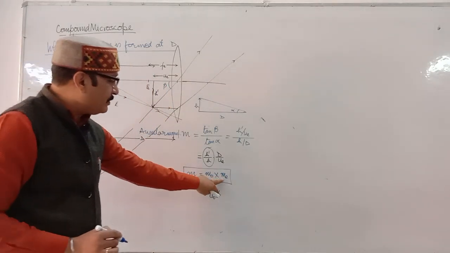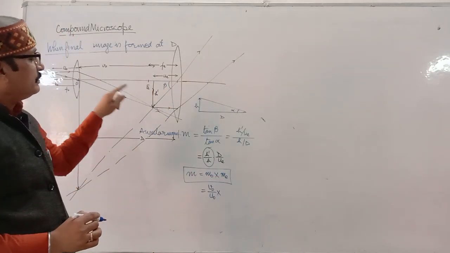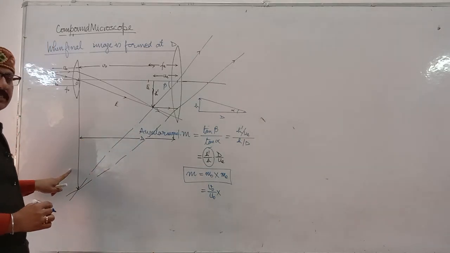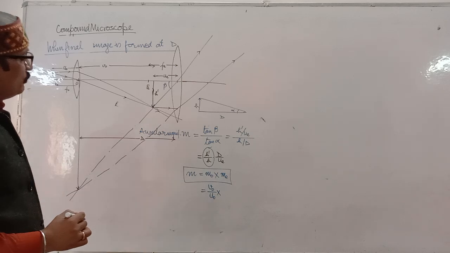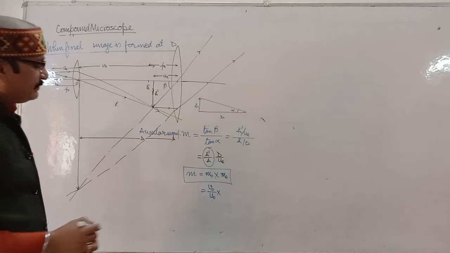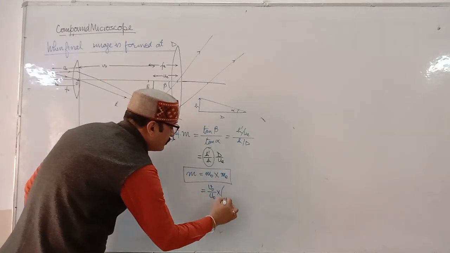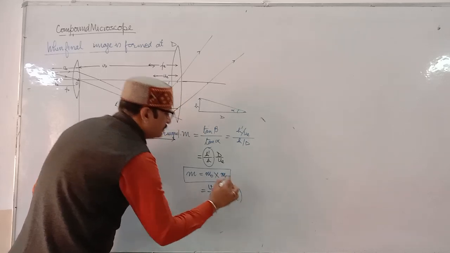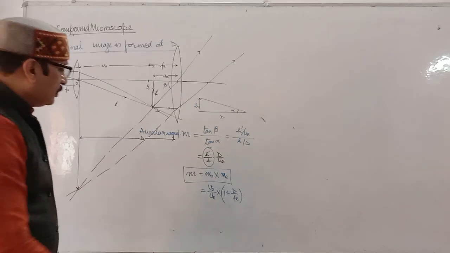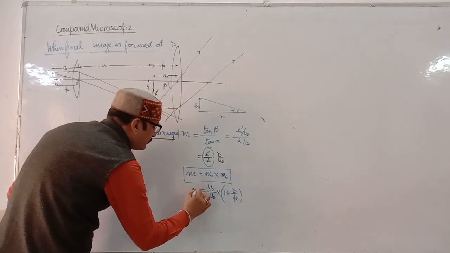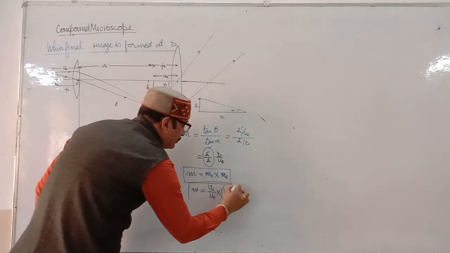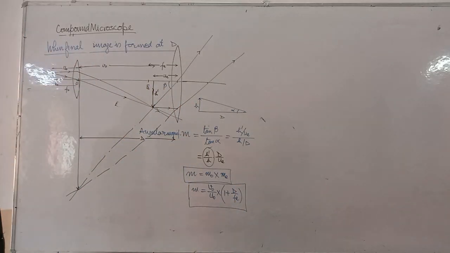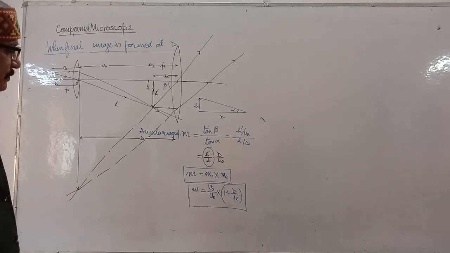Now in the case of m(e), we have seen in the case of the simple microscope, when the final image is formed at the least distance of distinct vision, the magnification comes out to be 1 plus d upon f(e). Now this is the magnification formed by the compound microscope when the final image is formed at the least distance of distinct vision.